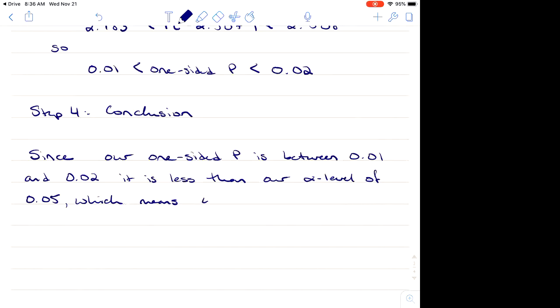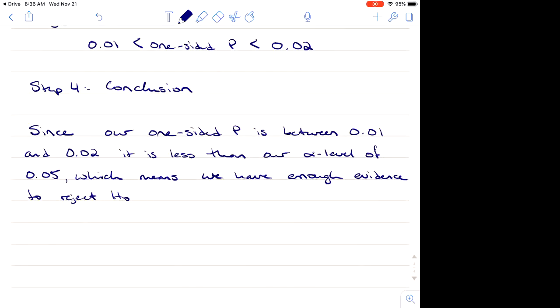So which means we have enough evidence to reject H naught. If we're rejecting it, then we can say, in favor of what? In favor of HA.